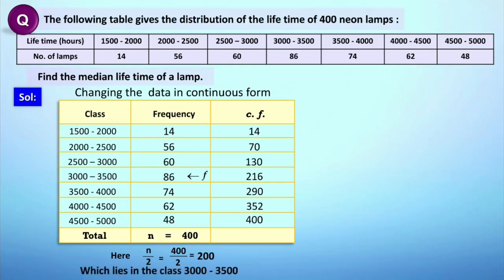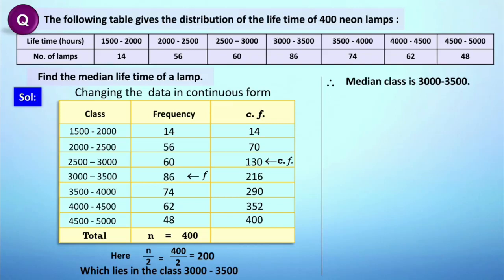Now, as we know the median class, there will be different terms that we are going to note down. For median, the first thing that we will be talking about is the median class. After that, we will be talking about CF, that is cumulative frequency of the class interval preceding the median class. As we can see, the median class is 3000 to 3500.